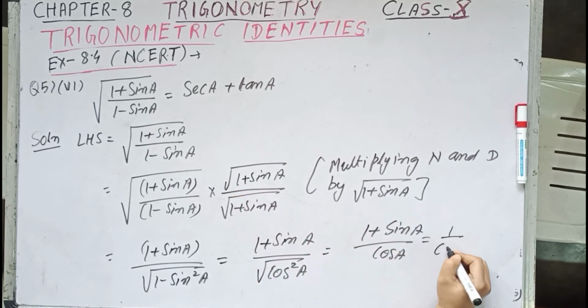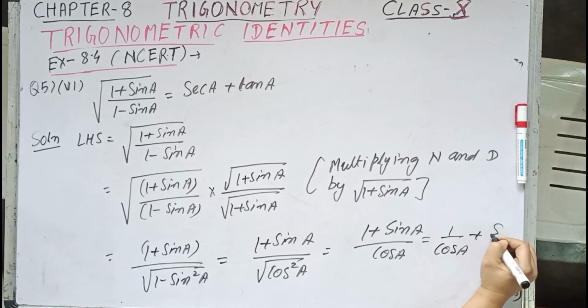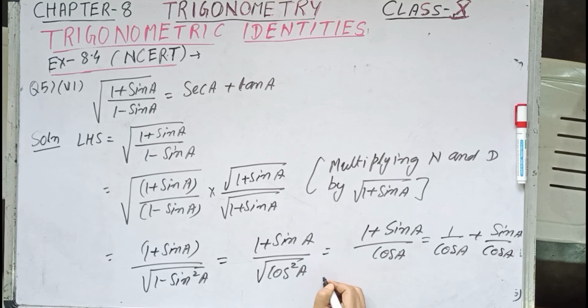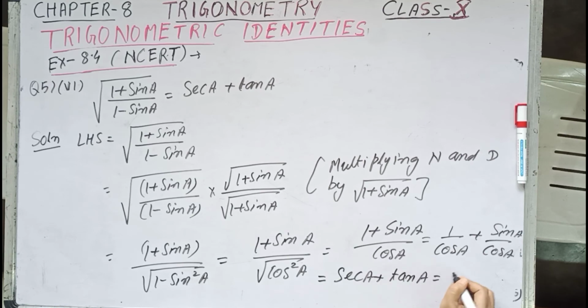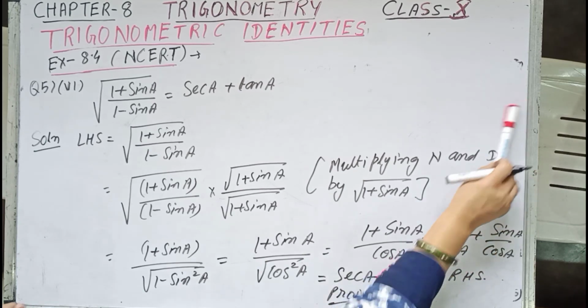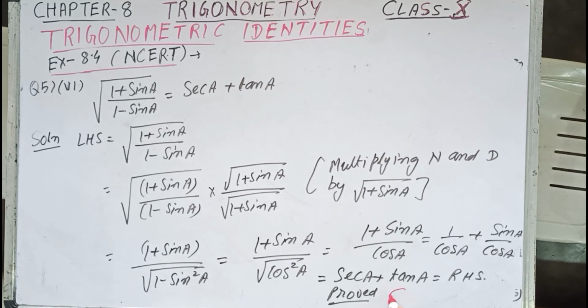So this will be equals to 1 by cos A plus sin A by cos A. Now 1 by cos A is sec A and sin A by cos A is tan A, and this one is RHS and this one is proved. This is your happy face because you have earned it. So let us move to subpart number 7 now.